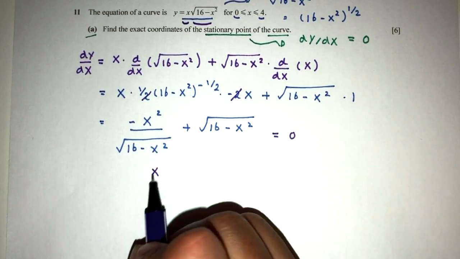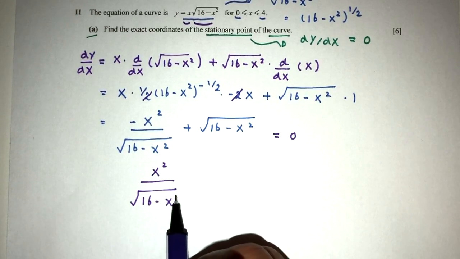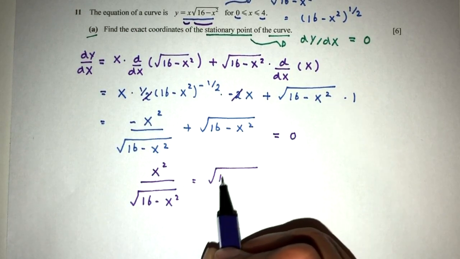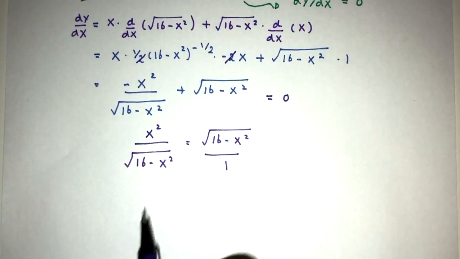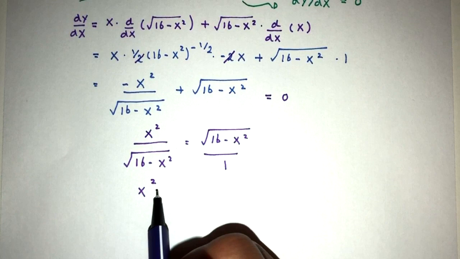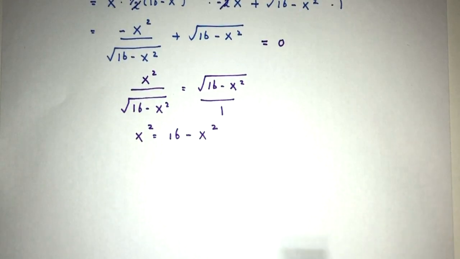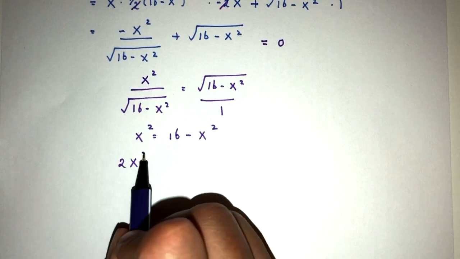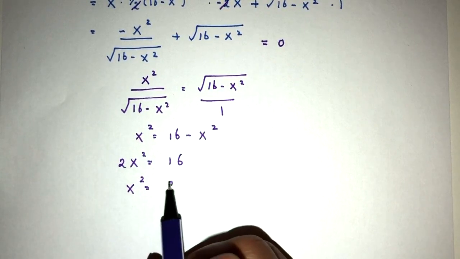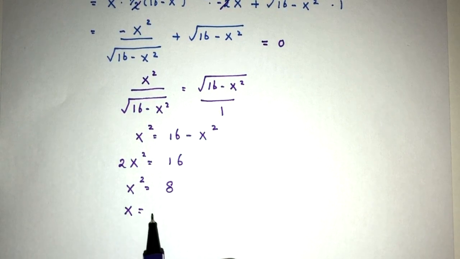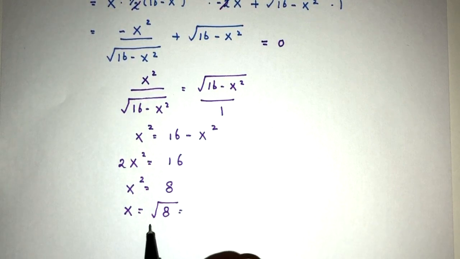You will have x squared over this value equal to this. Now we can just cross multiply. You will have x squared is equal to 16 minus this. So that will become 2x squared equal to 16. X squared will be the value of 8, so x has to be root of 8. That will be for your value of x.